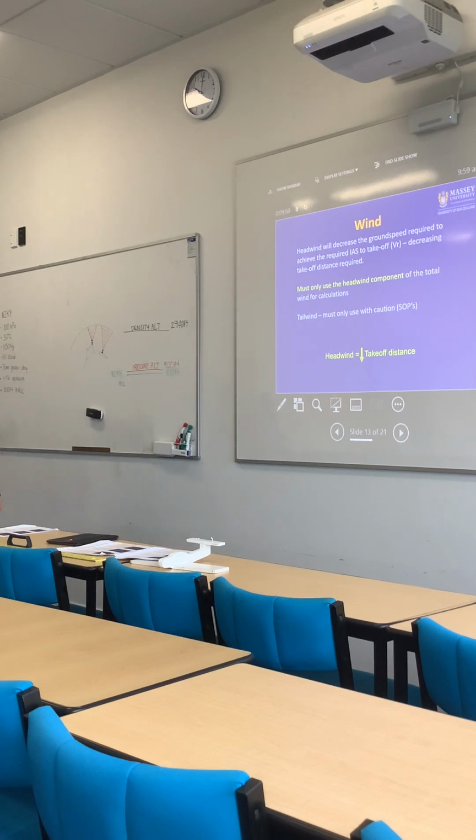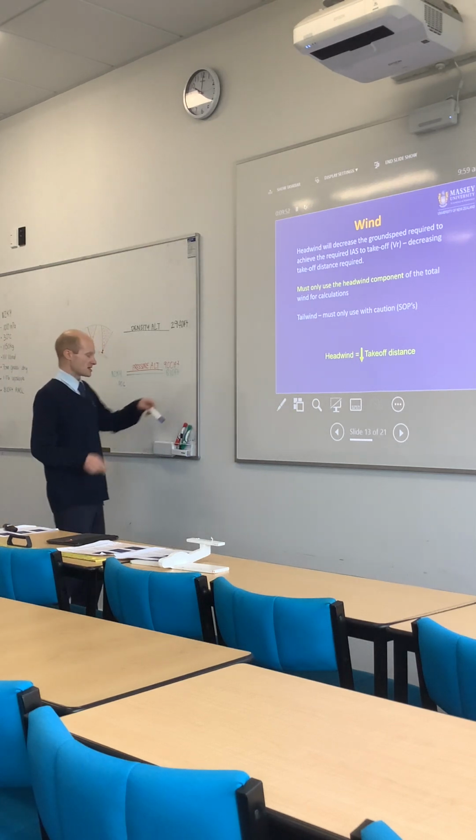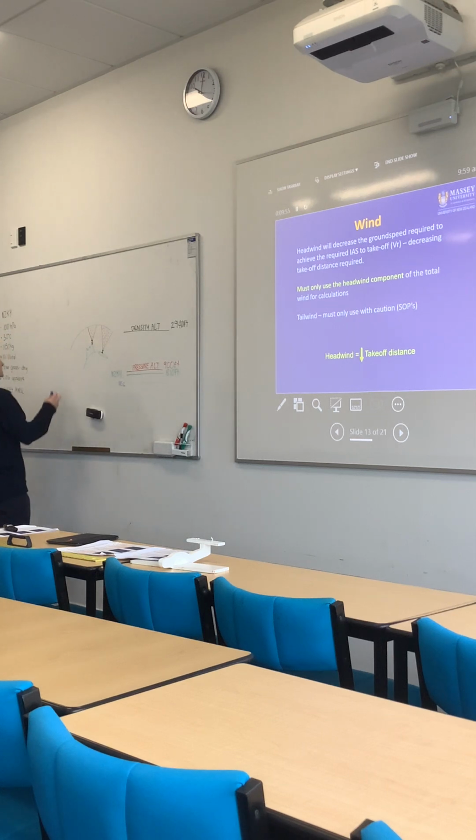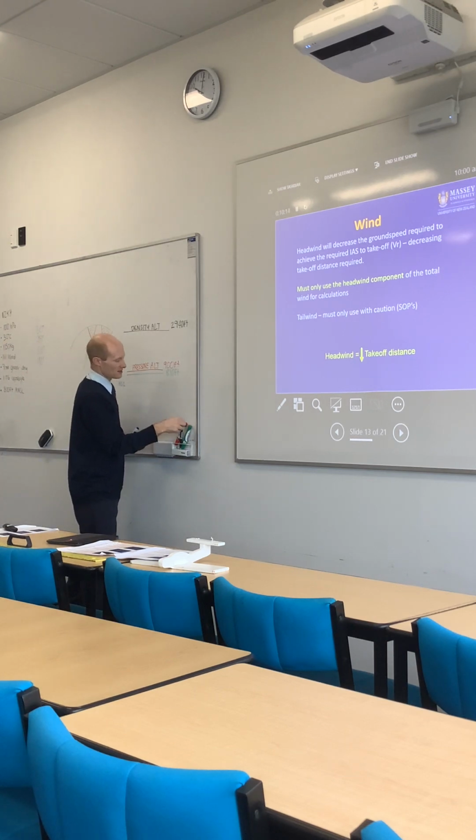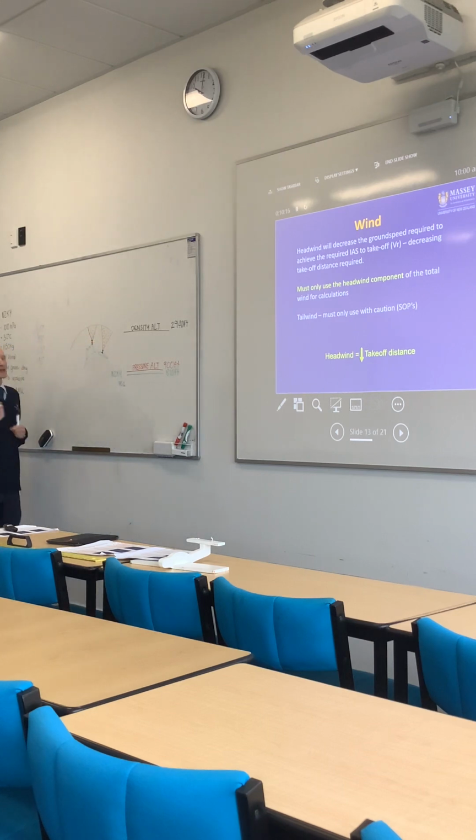There's a rule of thumb, like the sine rule for crosswind. It's a cosine rule. 30 degrees, 45, 60 degrees. These angles represent the angle between where the wind is coming from and the runway heading in the direction you're taking off on.